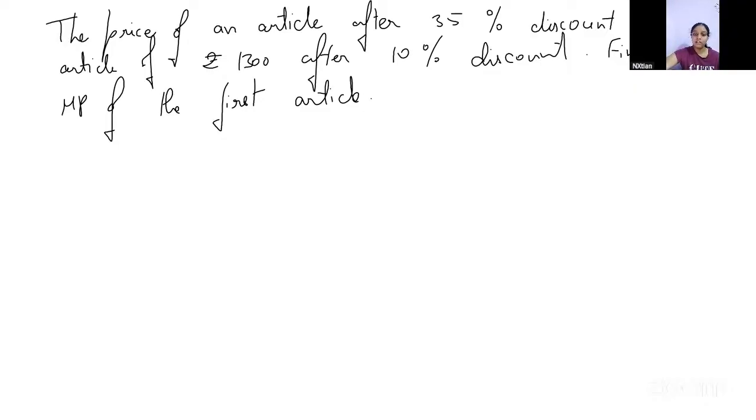For that, we will calculate the price of the second article. It is saying that a 10% discount is there.